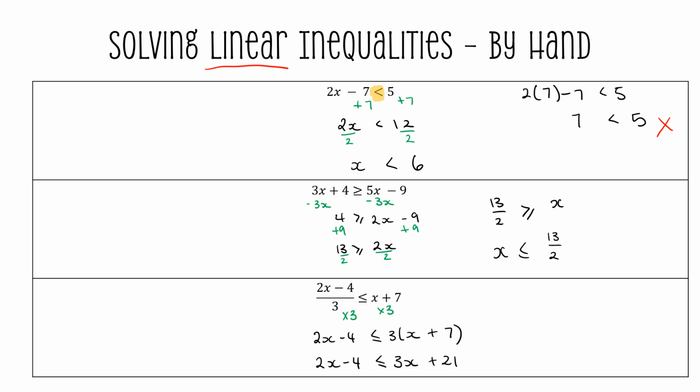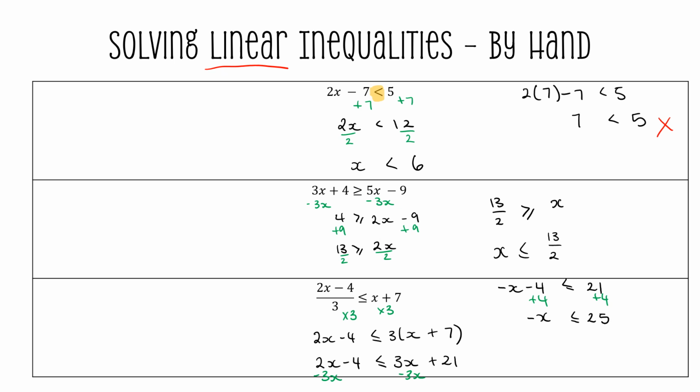Now, to keep x on the left side, I'm going to subtract 3x from both sides. That's going to leave me with negative x minus 4 is less than or equal to 21. And then I'm going to add 4 to both sides, which gives me negative x is less than or equal to 25.